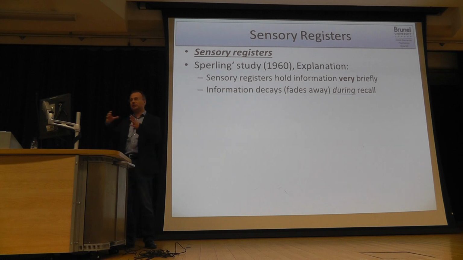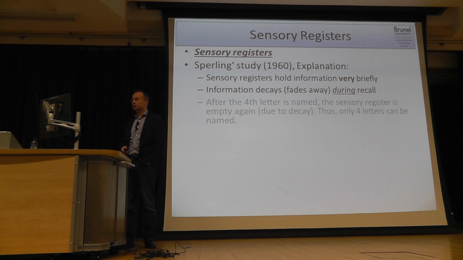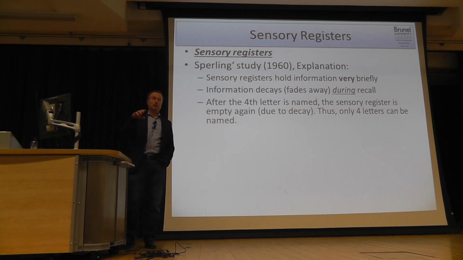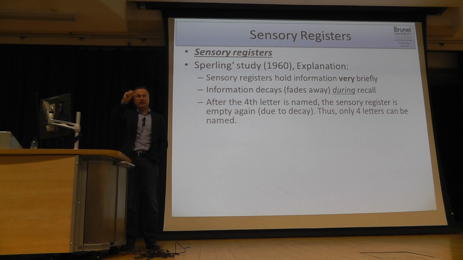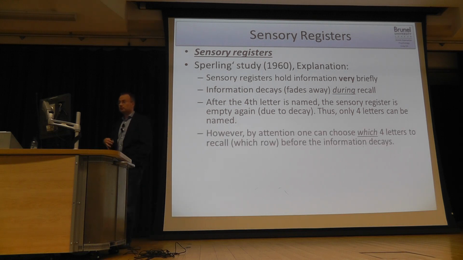So while information is transferred into short-term memory so that we can actually recall it, all the other things we don't focus on fade from that store. After we have named the 4th letter, the other letters are gone, just decayed. So we can name only 4 letters. However, by allocating our attention to a certain spatial area, we can decide which 4 letters we remember, before all the other information decays.